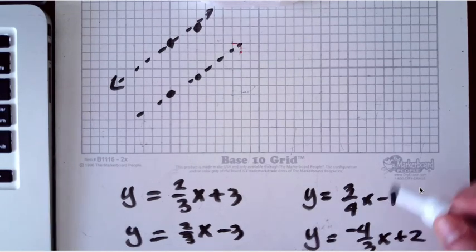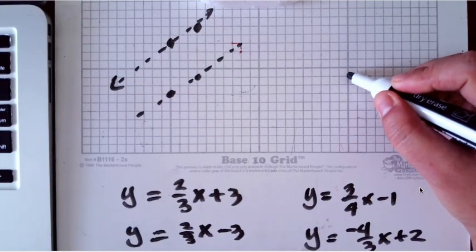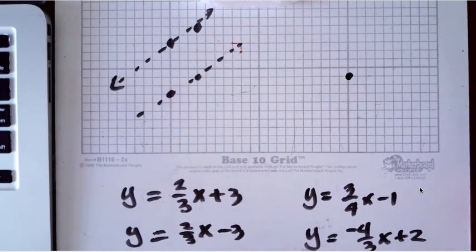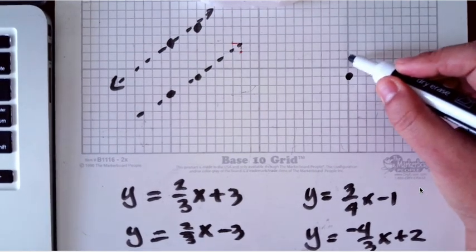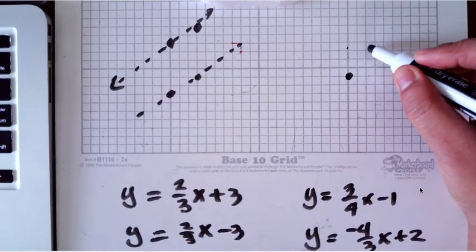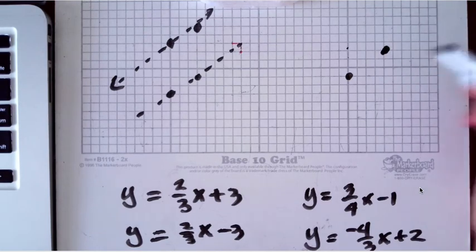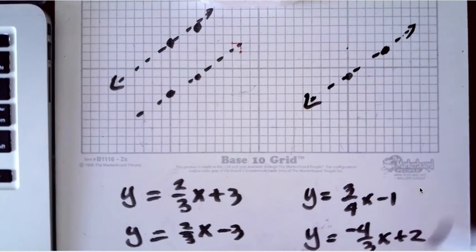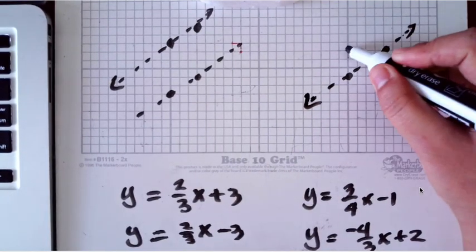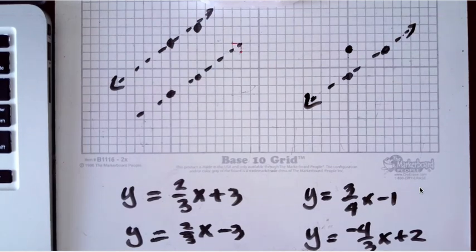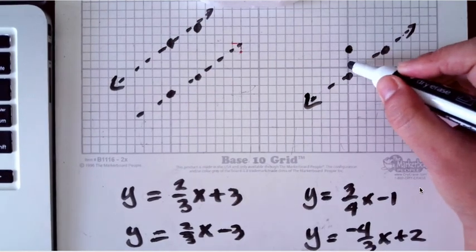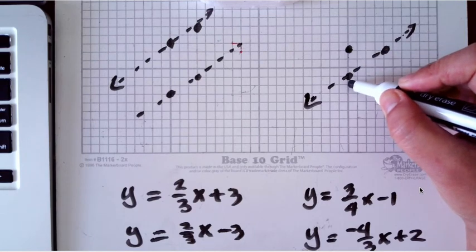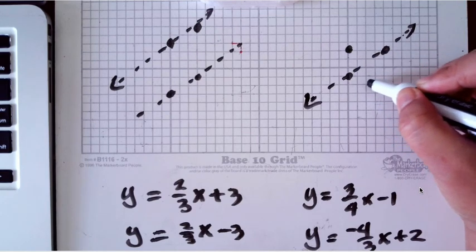So let's start with this. Our y-intercept is negative 1, so you go up by 3, 1, 2, 3, and then to the right by 4. Okay, so that's our line out here. And this one, our y-intercept is positive 2, and the rise is negative 4, so we have to go down by 4, 1, 2, 3, 4, and then go to the right by 3, 1, 2, 3.